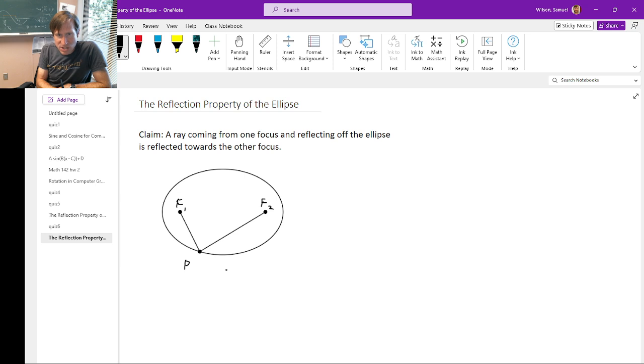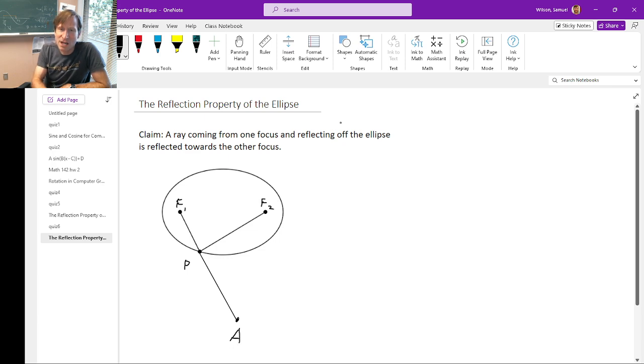So what we're going to do is continue the line from F1 to P the same distance as the distance from P to F2. So about like this. Okay, this gives us another point down here. Let's just name things alphabetically now.